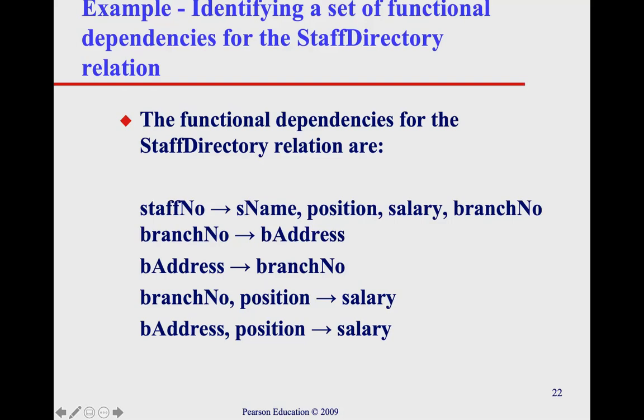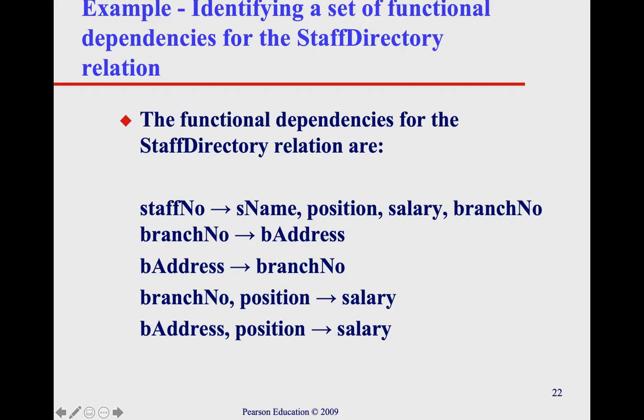Then I told you that the branch number and the position determine the salary, which means also that the branch address and the position determine the salary. So you have to be careful here. That's why I wanted you to go through this exercise. I think getting the staff number one is fairly easy, although you might have included branch address here, which you shouldn't have. And branch number determines branch address might be easy.